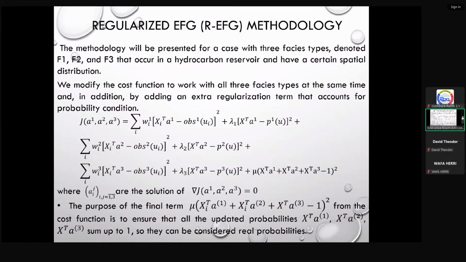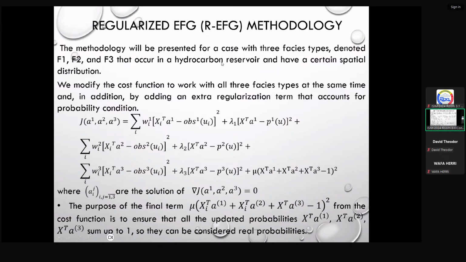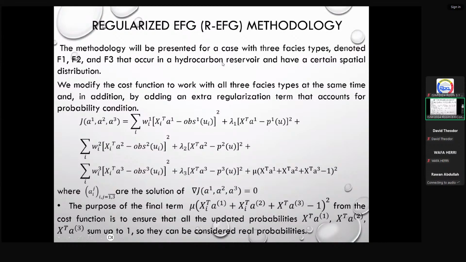Okay, so for our study case, we have three facies types. We modify the cost function for these three types of rocks, and we try to find A1, A2, and A3 to minimize with the least square method.